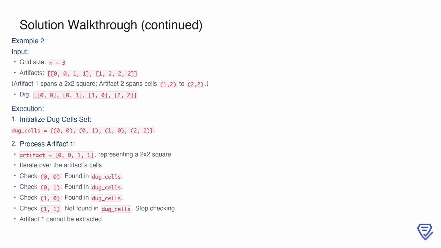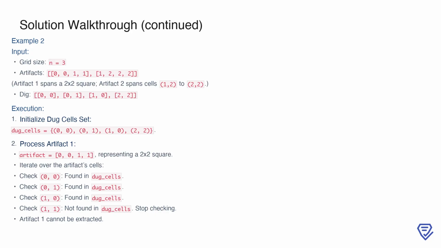In the next example, we work with a 3x3 grid and 2 artifacts. The first artifact spans a 2x2 square from 00 to 11, and the second artifact is a vertical line from 12 to 22. The dug cells are 00, 01, 10, and 22.